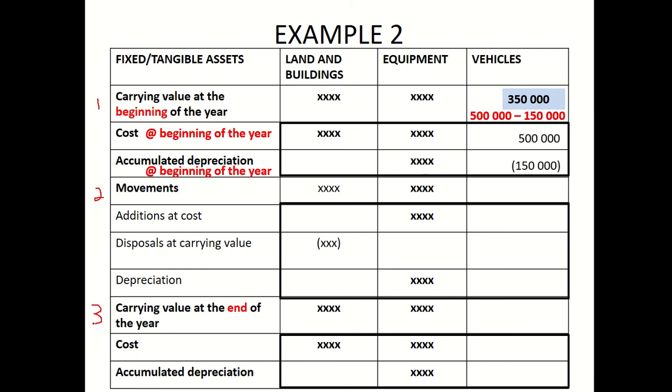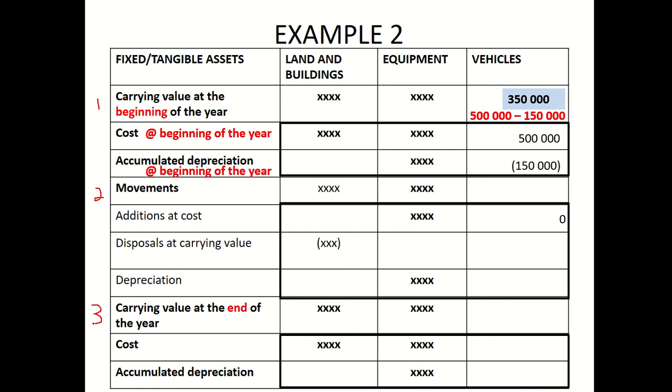Additions at cost. Did we buy any vehicle? Exactly, that's why we have 0. Disposals at carrying value. What did I say carrying value is? I said carrying value is cost minus accumulated depreciation.